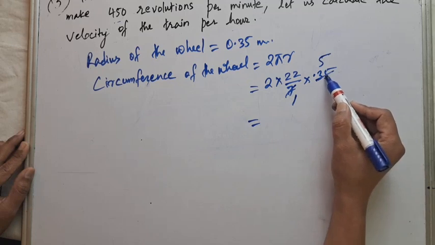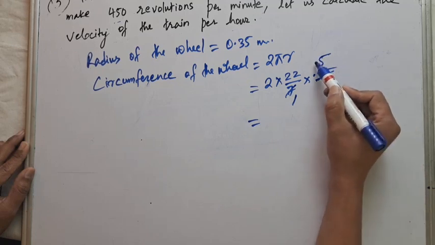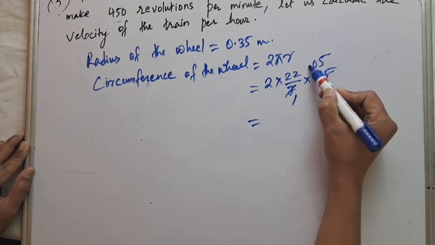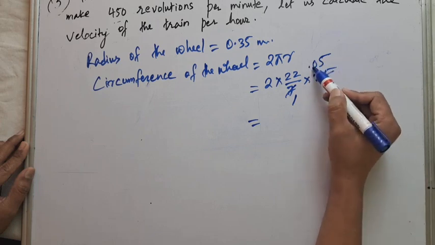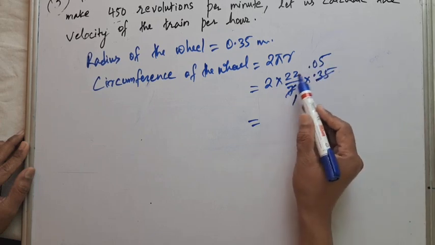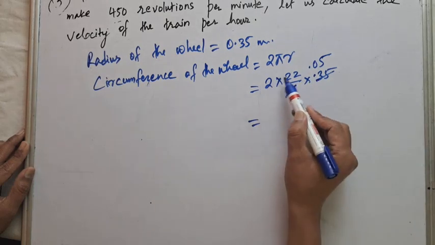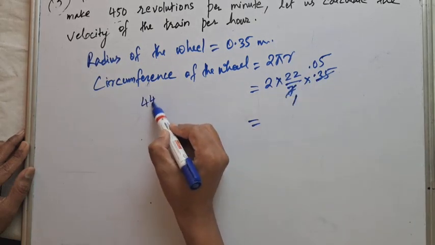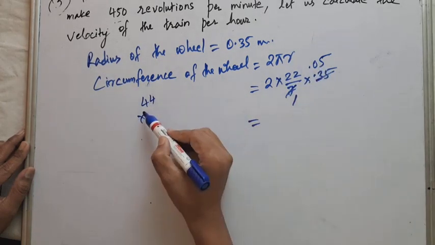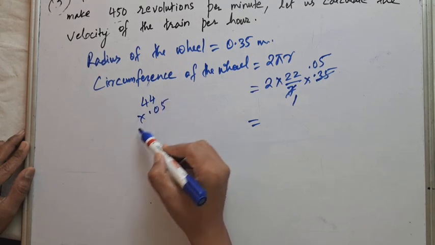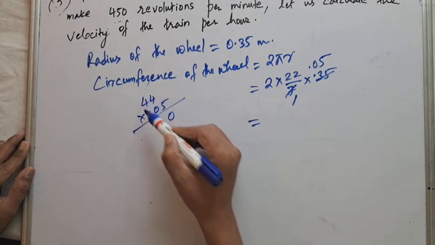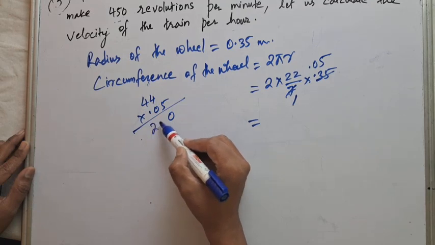But we have a decimal point before 2 digits, so let us put 10 here and put a decimal before 2 digits. Okay. So 2 into 22 into 0.05. 2 into 22 is 44 into 0.05. 5 4s are 20, 20 plus 2 is 22.